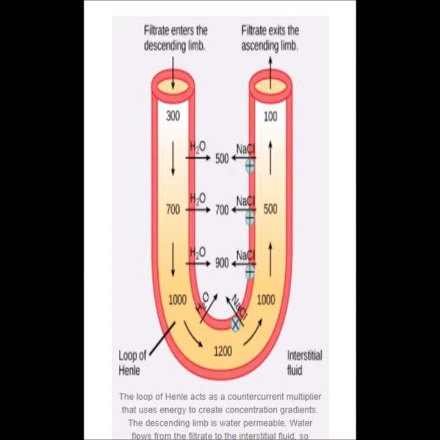Undesirable products like metabolic waste, urea, uric acid, and certain drugs are excreted by tubular secretion. Most of the tubular secretion happens in the DCT, but some occurs in the early part of the collecting duct. Kidneys also maintain an acid-base balance by secreting excess hydrogen ions.